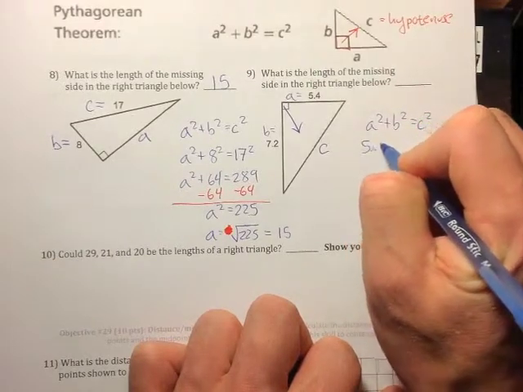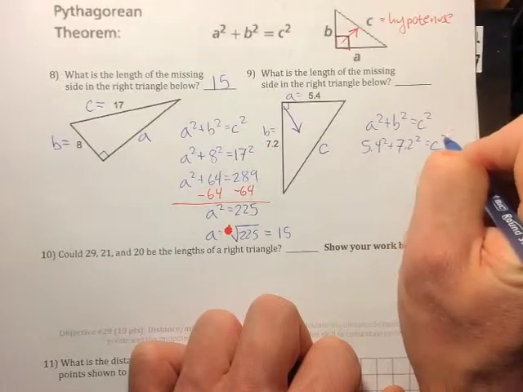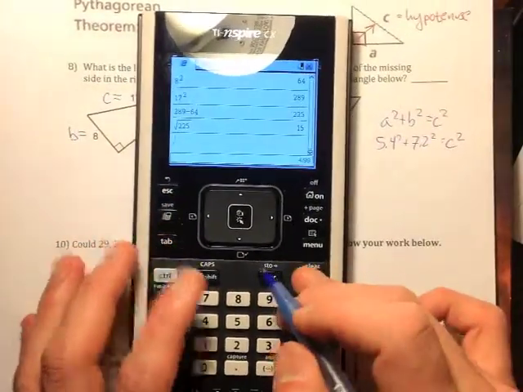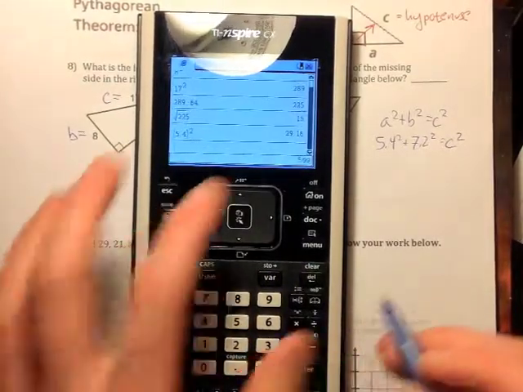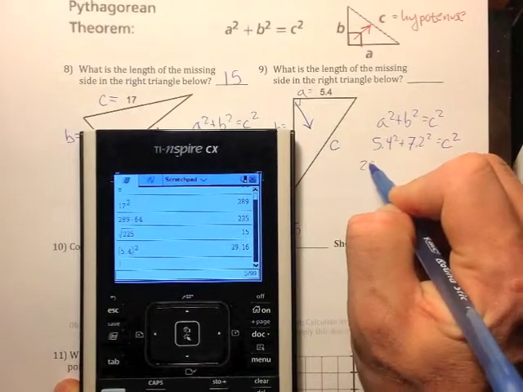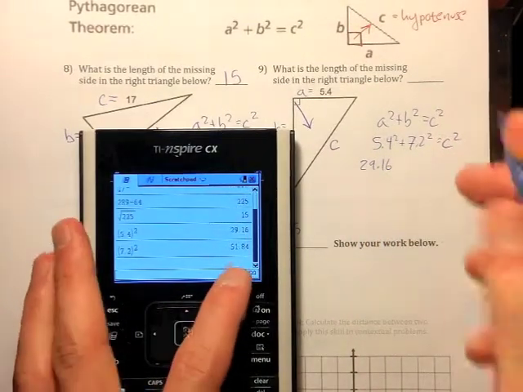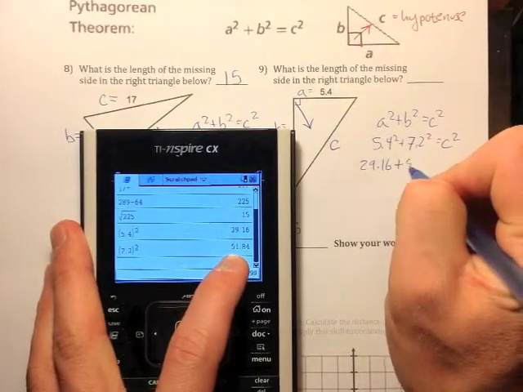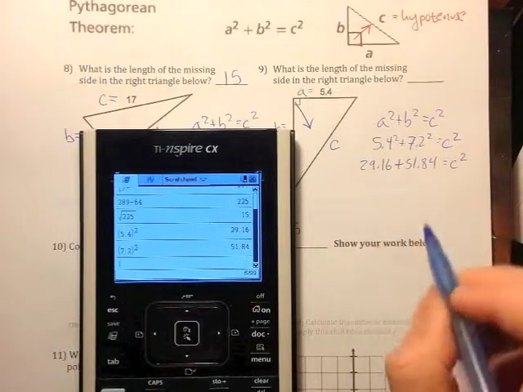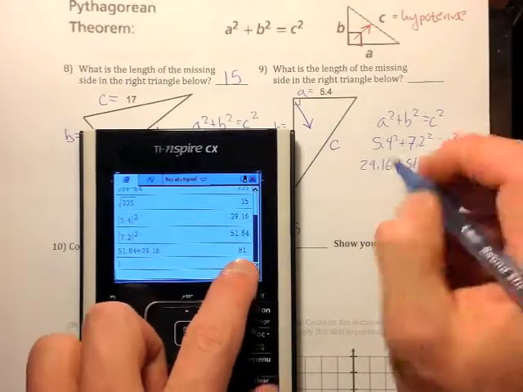Let's see, 5.4 squared plus 7.2 squared equals C squared. Let's simplify this again. 5.4 squared is 29.16. 7.2 squared is 51.84. Let's add these together. 81.